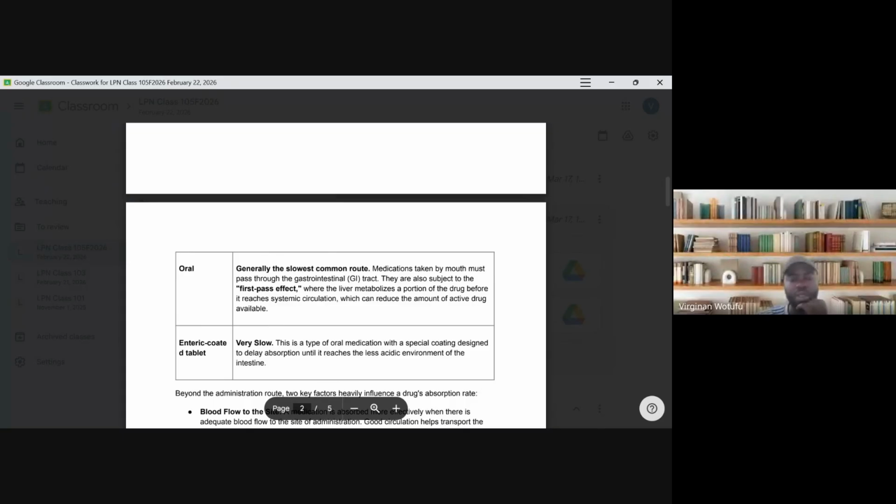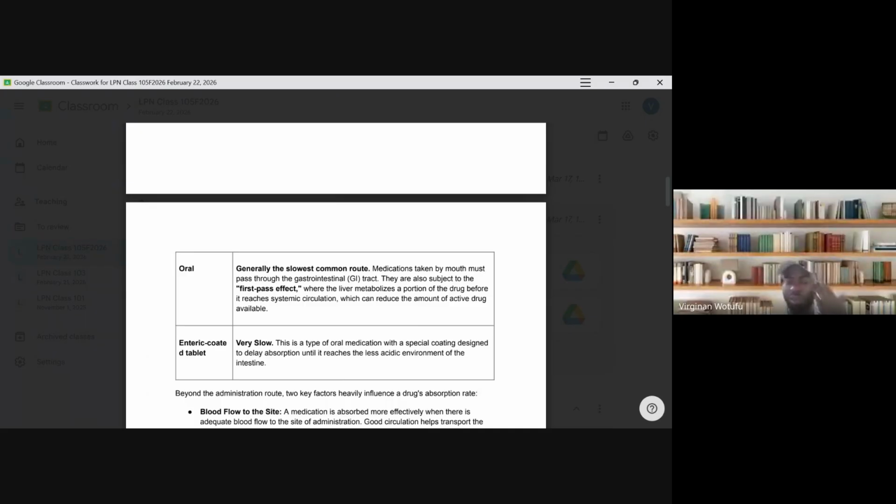When you crush enteric coated tablets, you destroy the coating already. The protective coating hinders interaction or absorption in the stomach, right? So it causes a problem. That's why they are coated.